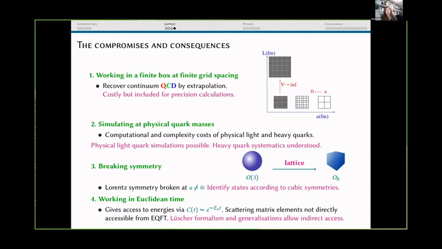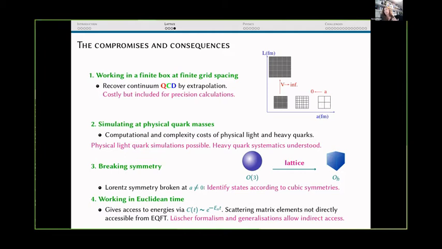So the computational complexity of simulating with physically light quark masses, so u and d quark masses, is a difficult problem. It's been solved, but it's still a costly calculation to do. And similarly, at the other end, for heavy quarks, there are additional technical constraints because discretization uncertainties scale like the heavy quark mass.